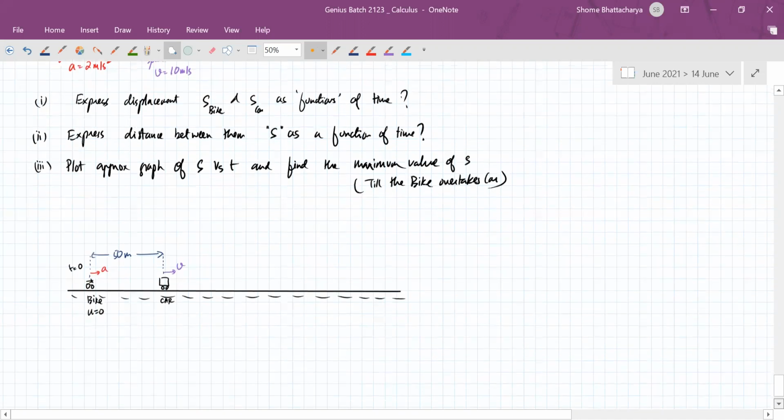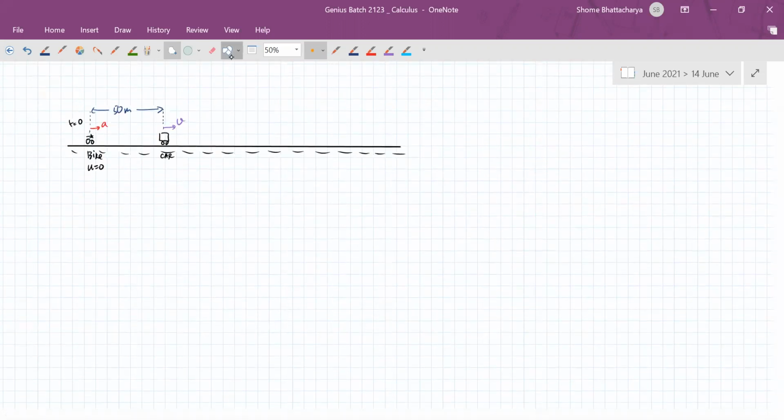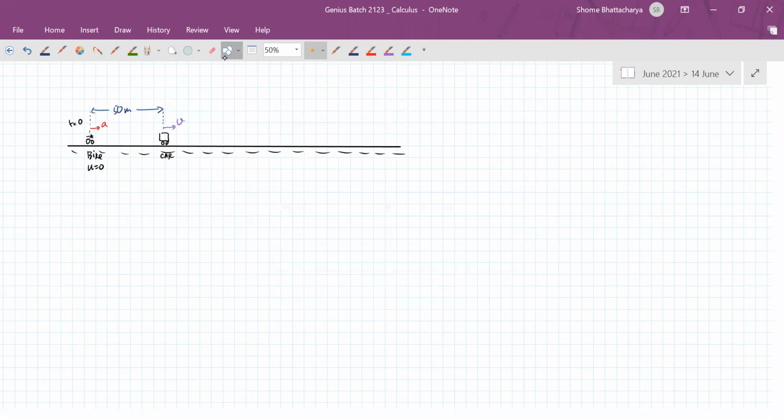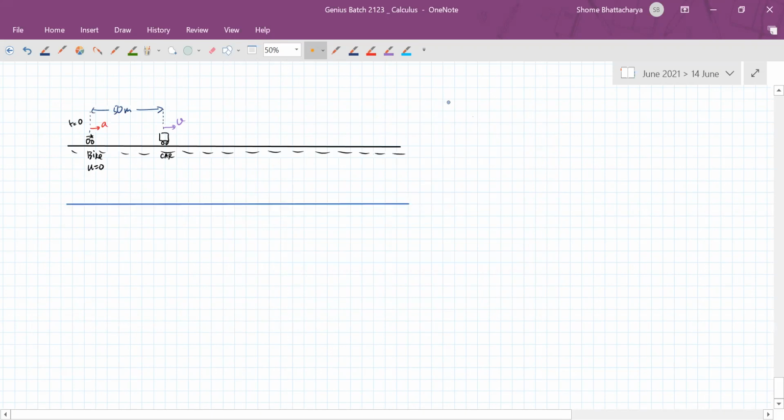Okay, so we'll see that if we compare the situation at t equal to 0 with the situation after some time, so at some time t, let's say the bike has reached here. So this is the displacement of the bike. Car has reached here.